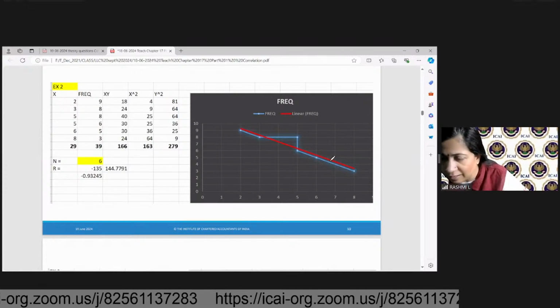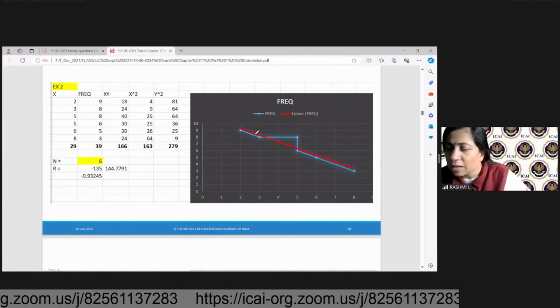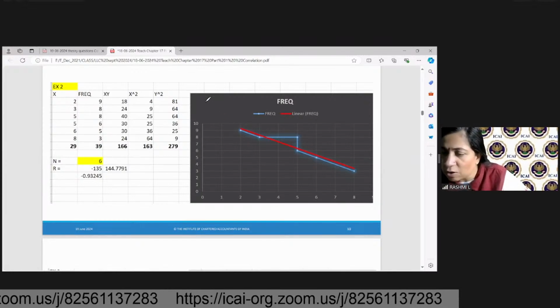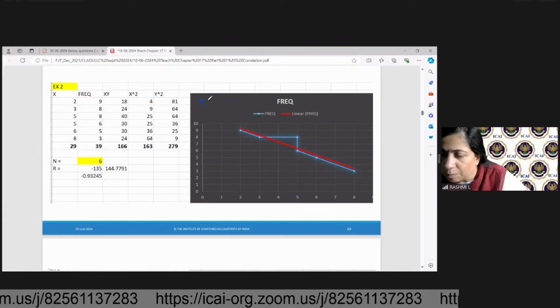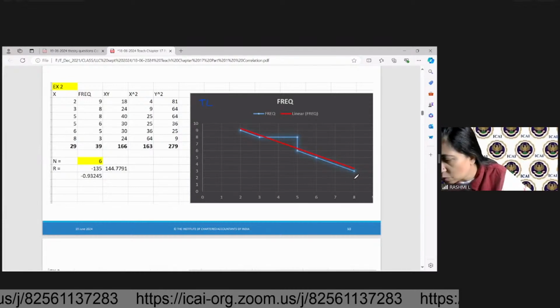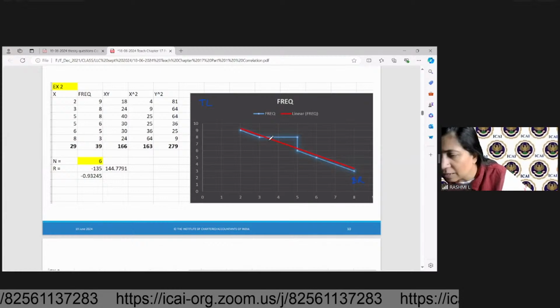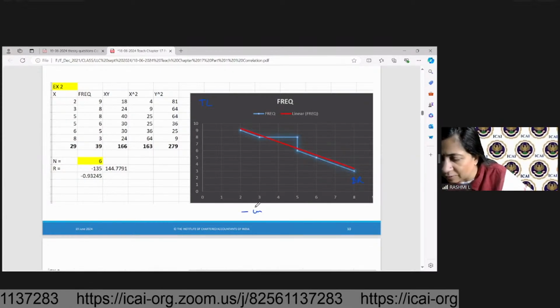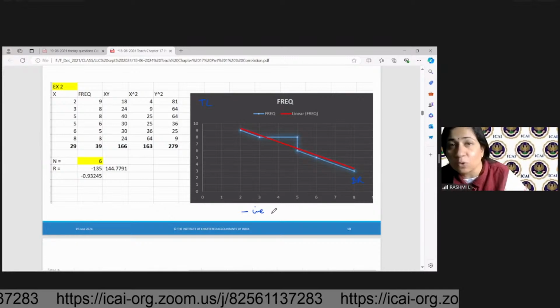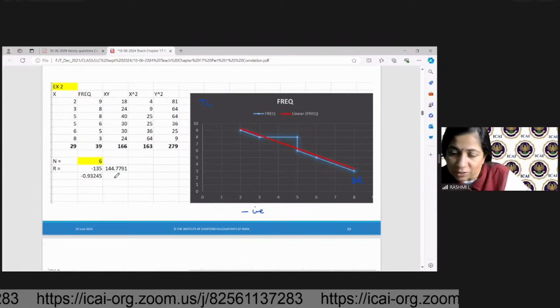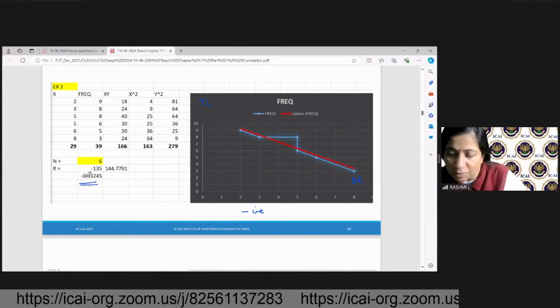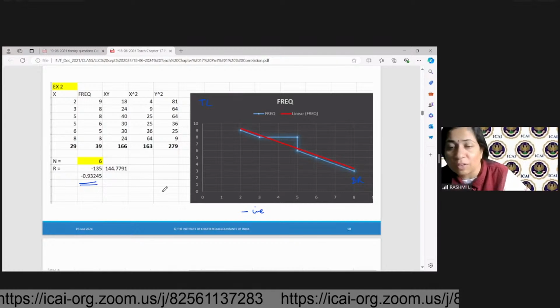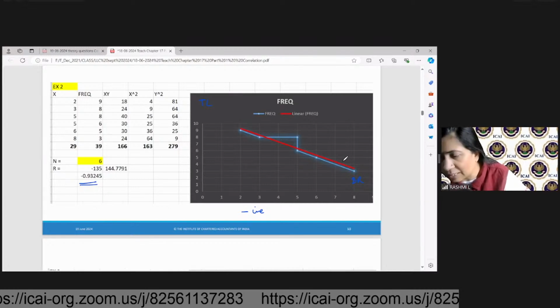As you can see, it is going from top left to bottom right. Top left to bottom right is a negative correlation, and once you do the calculation, you will see it is minus 0.93245. So it is negative.